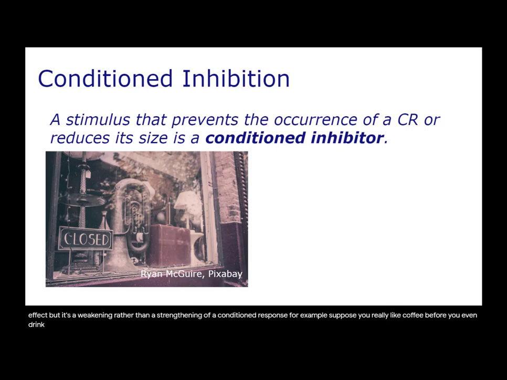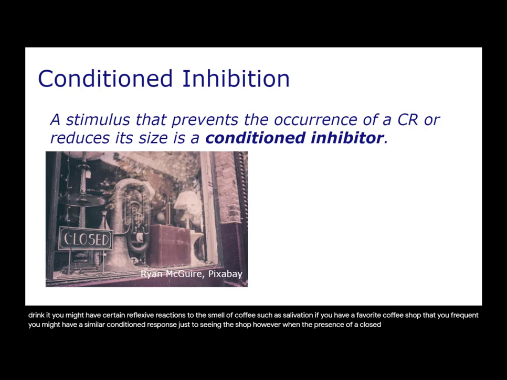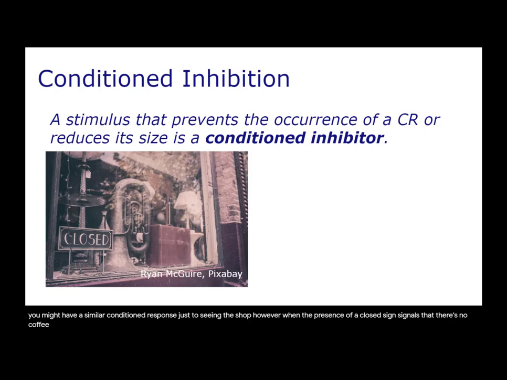Before you even drink it, you might have certain reflexive reactions to the smell of coffee, such as salivation. If you have a favorite coffee shop that you frequent, you might have a similar conditioned response just to seeing the shop. However, when the presence of a closed sign signals that there's no coffee to be had, your conditioned response is probably at least a little bit smaller.